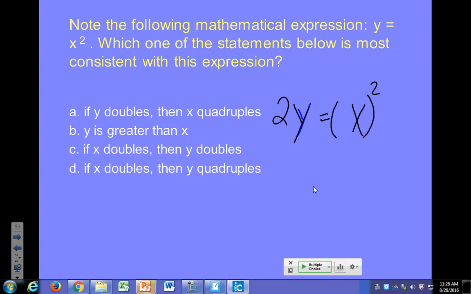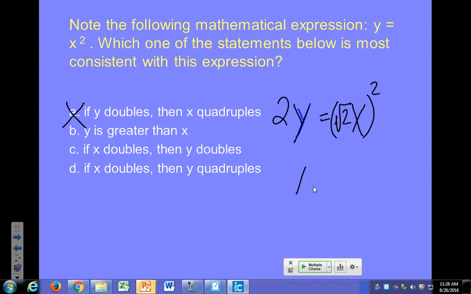Not 2, not 4, not 1, not half, but by root 2, the square root of 2, because the square root of 2 squared is equal to 2. So if I double y, then x will increase by a factor of square root of 2. So A is not right.